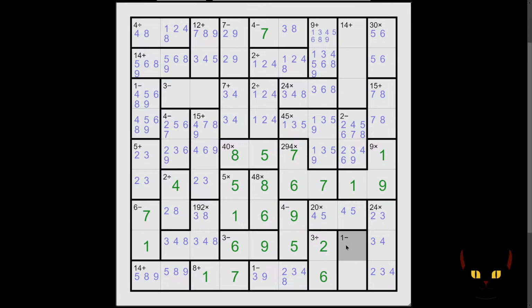What's the missing number? 1, 2, 3, 4, 5, 6, 7. 7 is going here. 6 or an 8. It's not a 6. It's an 8. Okay, now the 5 and the 9 are used up, so that makes this one a 3. That's some good progress.